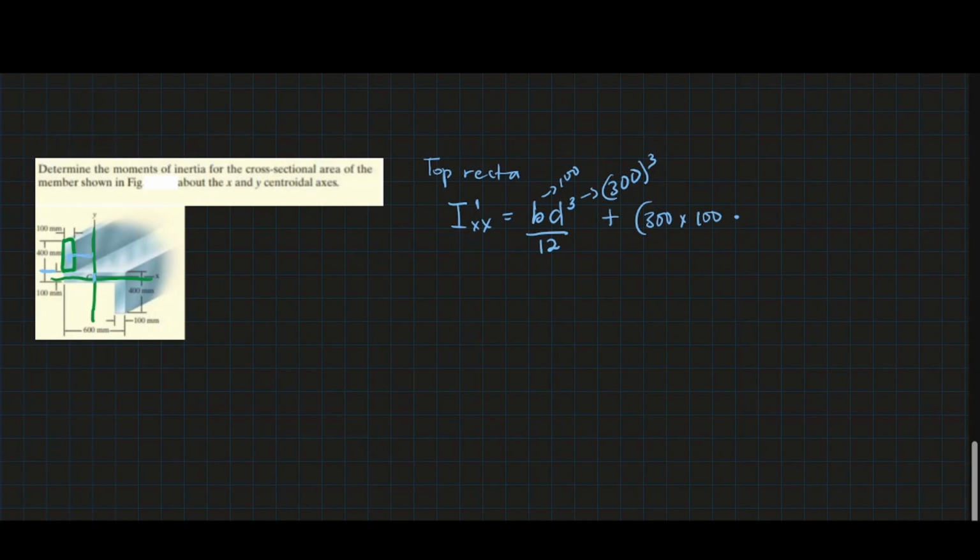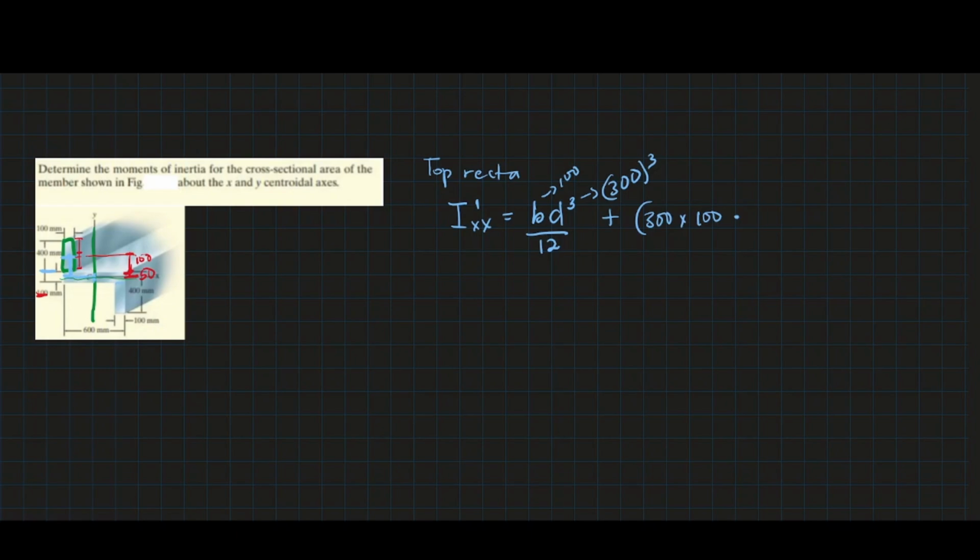Now for the inertia in the x-axis, you're actually considering the radius from the x-axis up to the centroid of that particular shape. From here to here is 50, because 100 divided by 2 is 50. Then from this point to this point, we know it's 300, therefore half of it will just be 150.